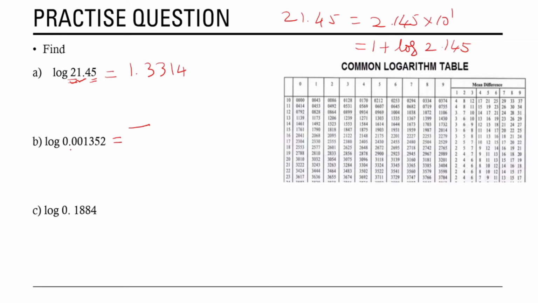The number of zeros after the decimal point is 2, so it is 1 plus 2, which is 3. So the characteristic is bar 3 plus log of 1.352. This is the mantissa.